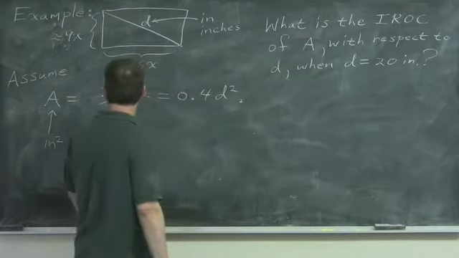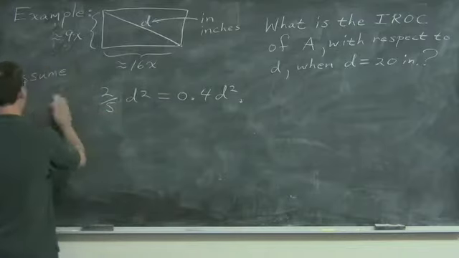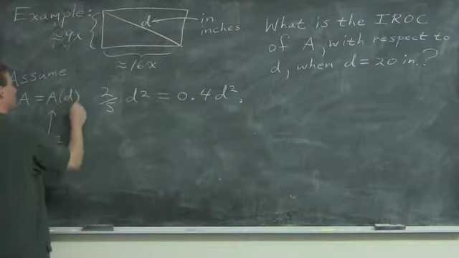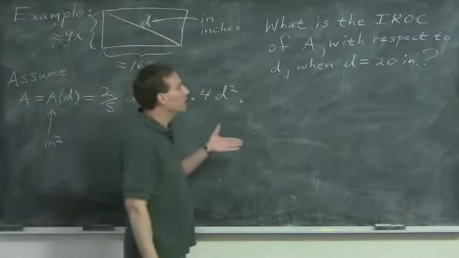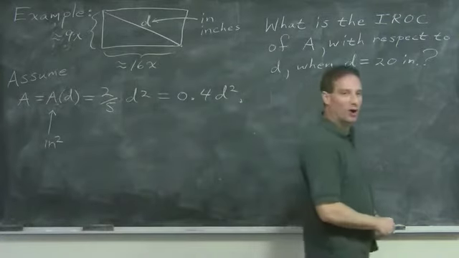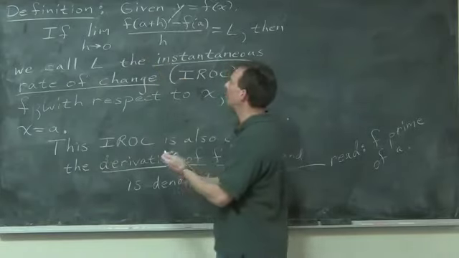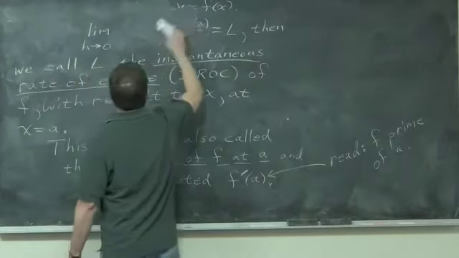All right. Well, here's A as a function of d, so we frequently don't write the of d, but I can do that now. Here's A as a function of d. And according to this definition, what we want to look at is the limit as h approaches 0.